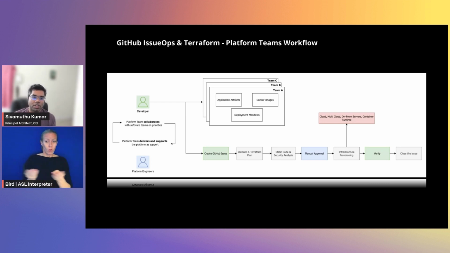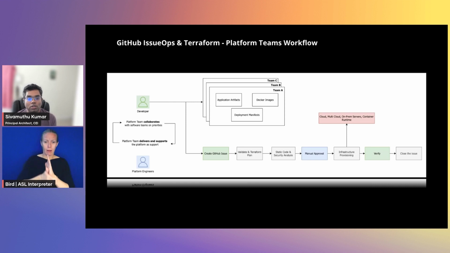Are you using serverless? Are you planning to use some messaging architecture? You continuously collaborate with software teams on priorities so they can build reusable modules in Terraform. The platform team delivers and supports the platform, so that whenever a developer wants to create a new platform, the platform team has a fully automated template available.